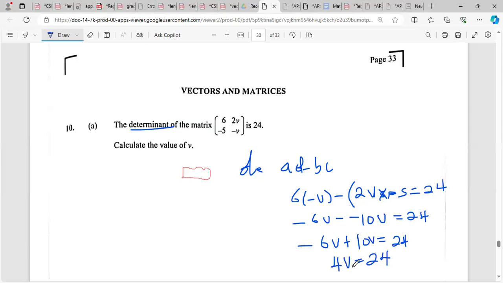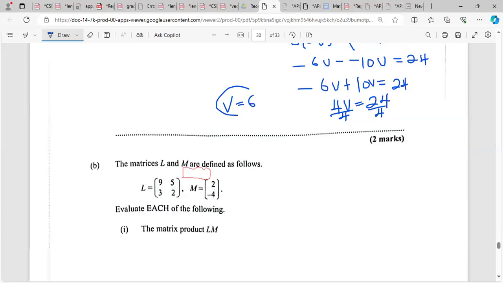Then we divide by 4. So v is equal to what? 24 divided by 4. 6 fours are 24, so v is 6. That was a tricky one, but straightforward, right?